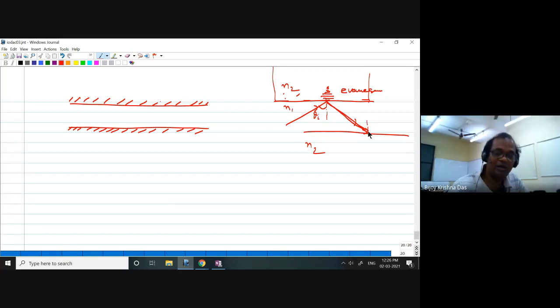So the light wave can be confined in a layer sandwiched between two media with lower refractive index N2, if N1 is greater than N2.